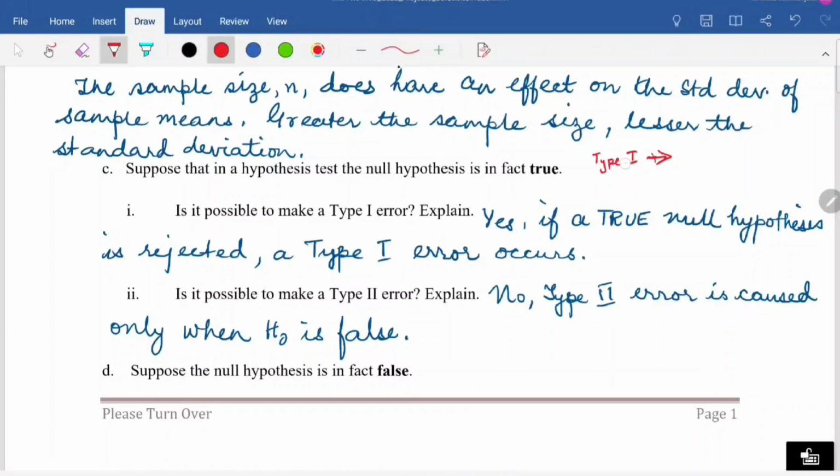And if you remember the analogy I gave of a court trial situation, the null hypothesis can be compared to the defendant, and the alternate hypothesis is like the prosecutor.